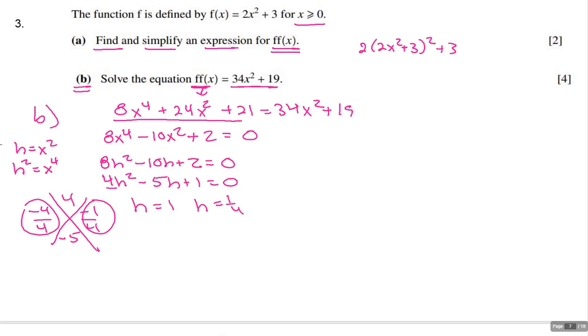Are we done? No. Why not? Because you used the h to substitute for the x's, so now you have to put it back. Exactly. H equals what? x squared. Now that I've done my work, I've got to replace the h with what it's equal to.